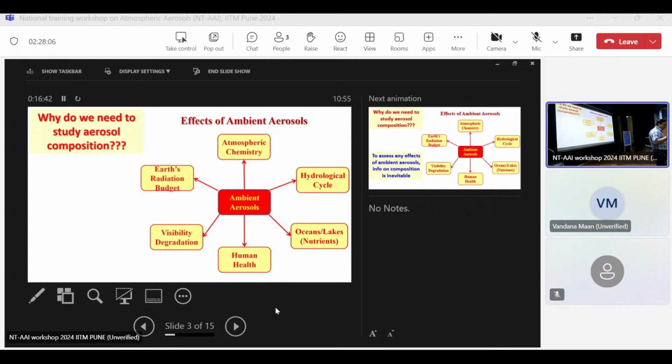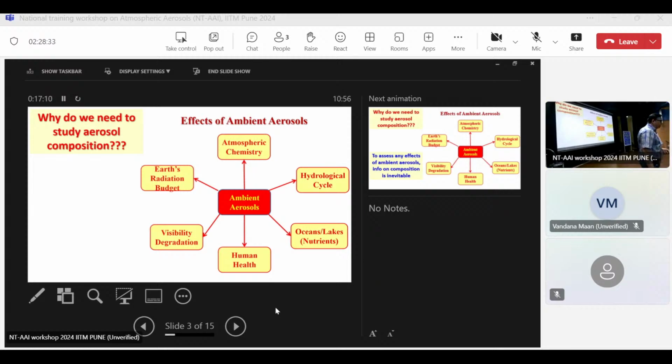If they are in the air, there is less chance of colliding, but if they have a surface and are coming close, then chances are more. So one way they are providing the surface. Then they also participate in the reaction. For example, dust is there, and sulfuric acid vapors are there, which condense. Then it will react and form a layer of secondary aerosol on primary aerosol. So that is how it affects atmospheric chemistry.